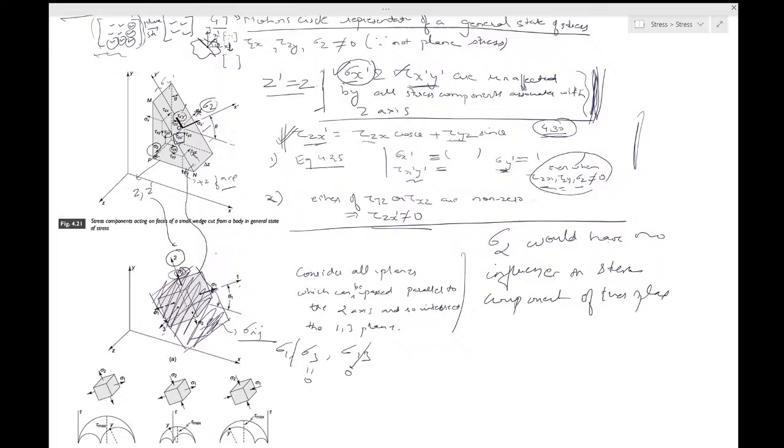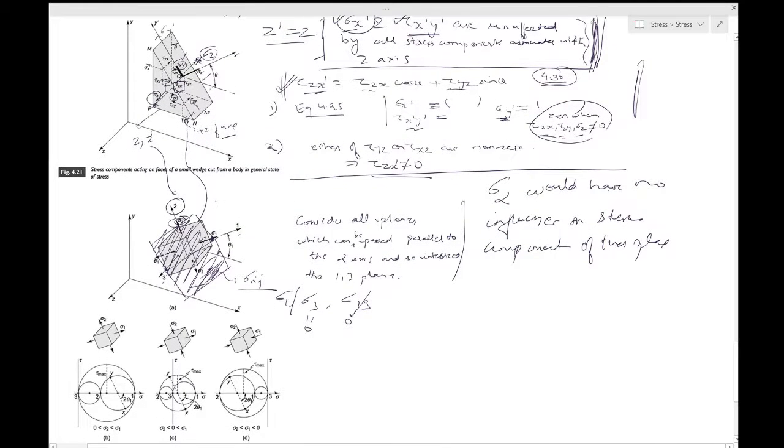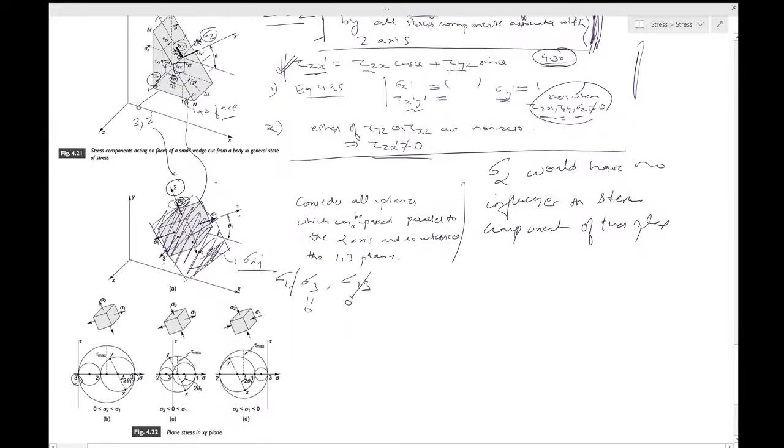So we want to show this as a Mohr circle. Sigma 3 is equal to 0. Sigma 1 is a value which is not 0, and it's positive because we are in tension, and sigma 2 will not appear, at least when you draw this particular Mohr circle.